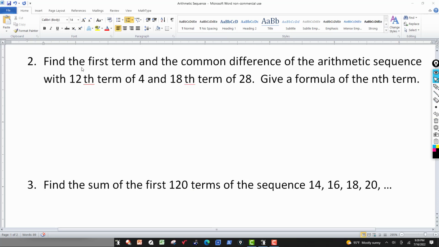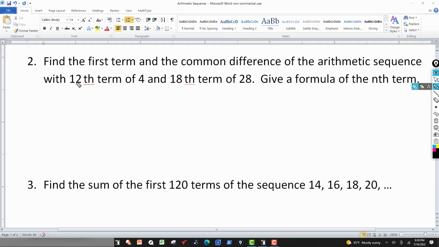Now this says find the first term and common difference of the arithmetic sequence with 12th term of 4 and 18th term of 28. Give a formula for the nth term.